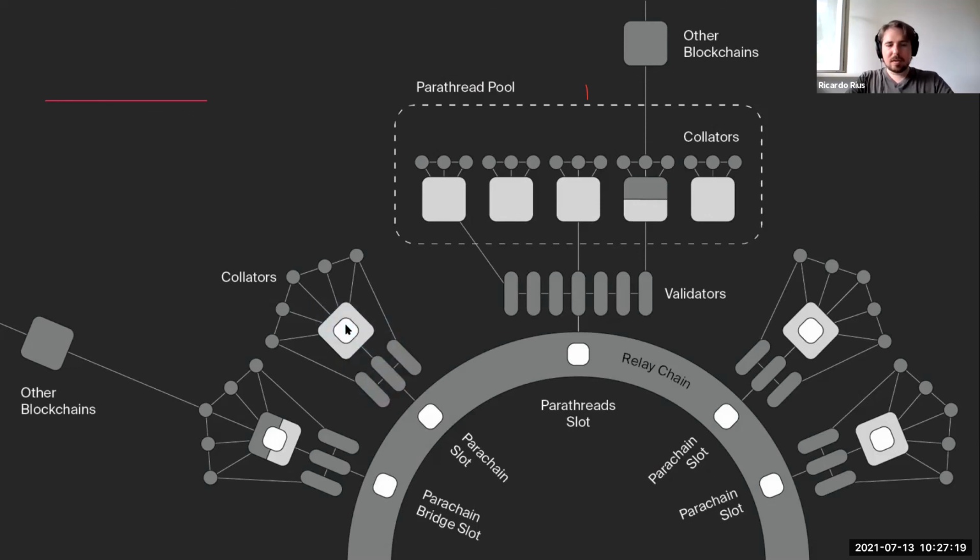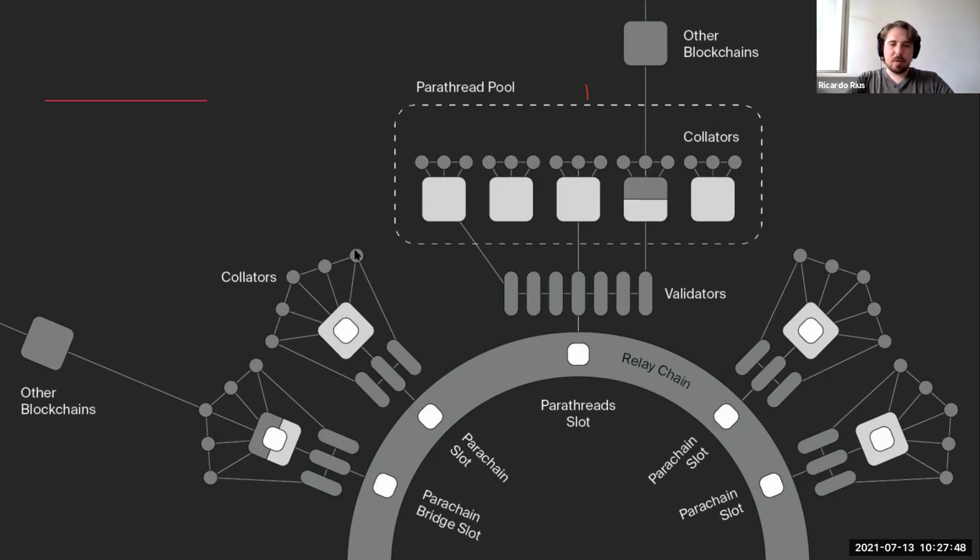So if we have the same WASM blob on the relay chain and also on the parachain, then whenever the collator sends a transaction and a new block is generated, the validator can just check the proof that was sent to them using the same code that the parachain has.